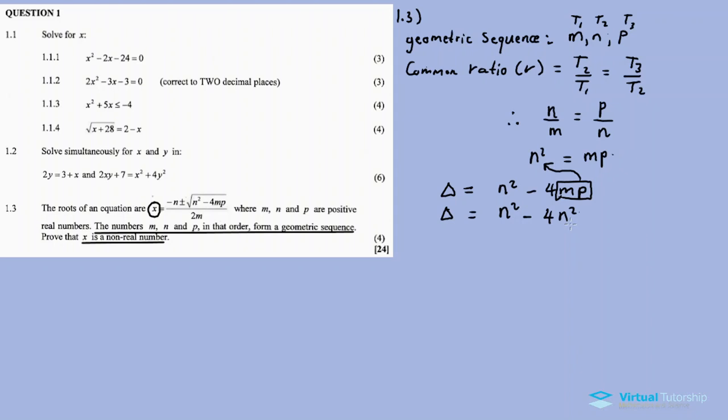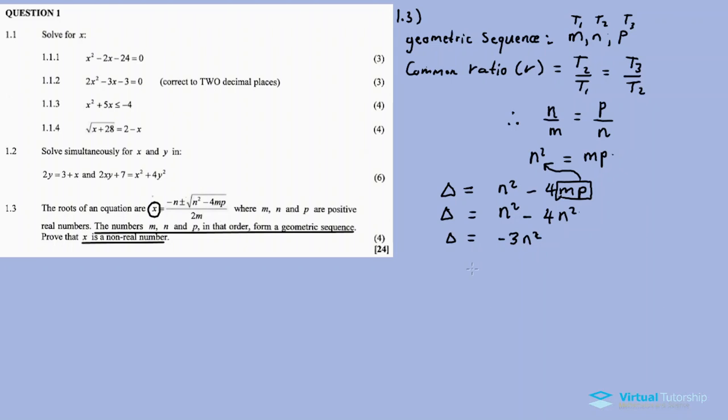So do you understand now how the common ratio helps in answering this question? Now the discriminant is equal to n squared minus 4n squared, which is negative 3n squared.